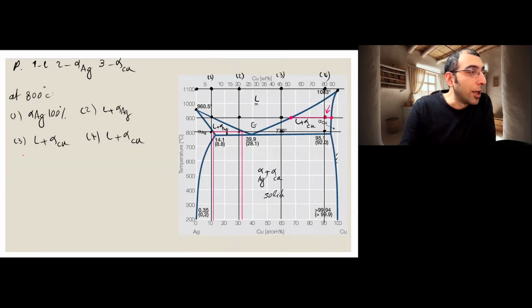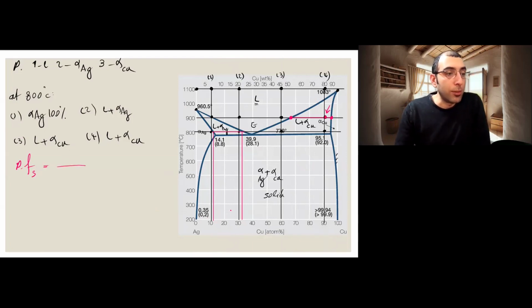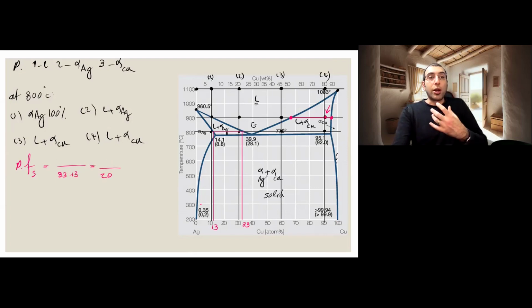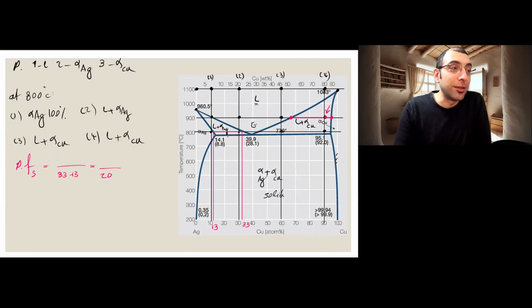So for phase fraction of solid, we first need to do the total amount. So if this is, let's say, 33, and if this is, for example, 13, then it's 33 minus 13. Okay, so that's your total amount, and the amount of solid is the horizontal line where it hits the liquidus line that we use for calculating the phase fraction.